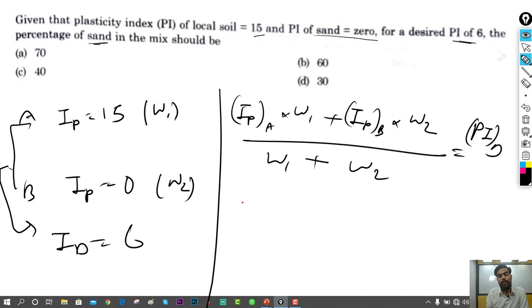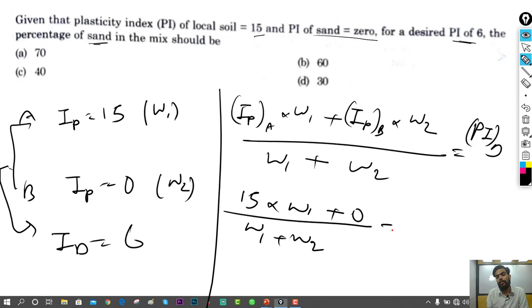So now IP of A is 15 times W1, plus IP of B is 0, divided by W1 plus W2, equals 6.